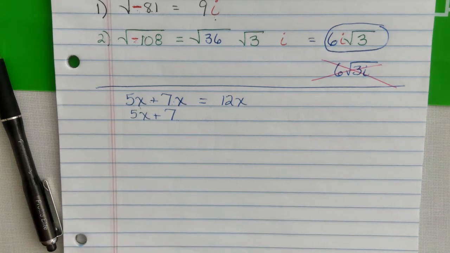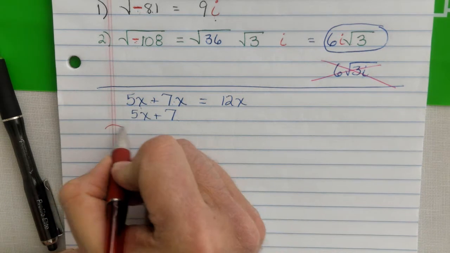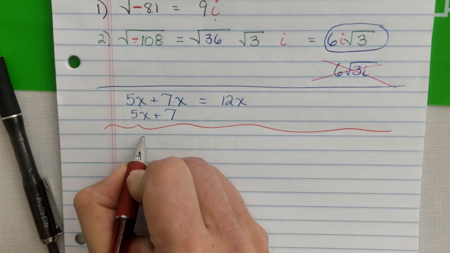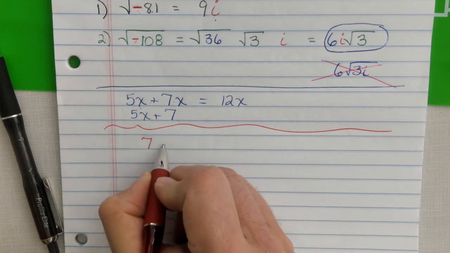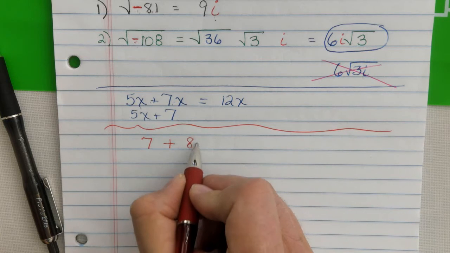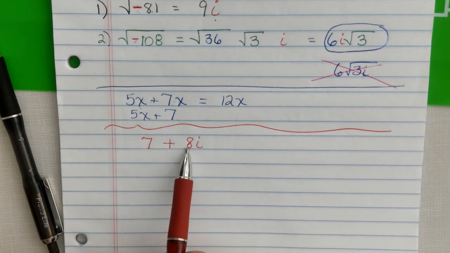Well, suppose we have a real number and an imaginary number at the same time. Suppose we had this: the real number 7 plus the imaginary number 8i. Could I combine this 7 and this 8 together?